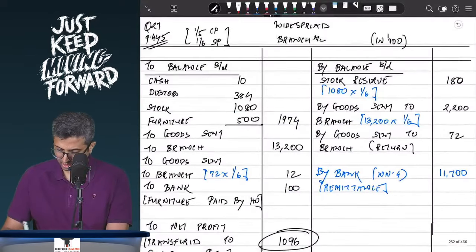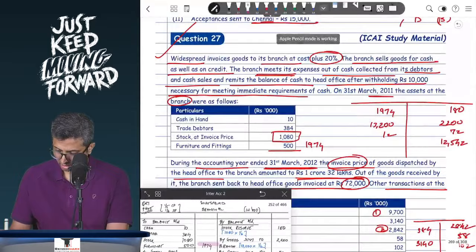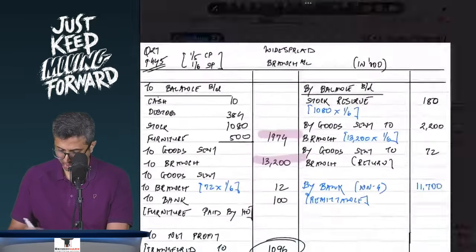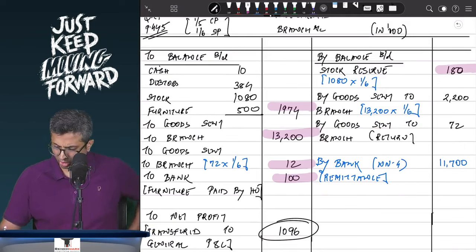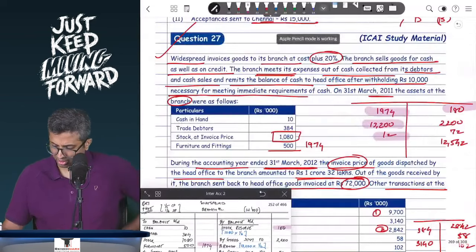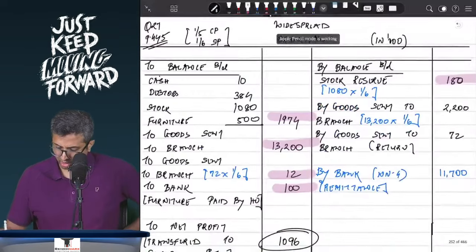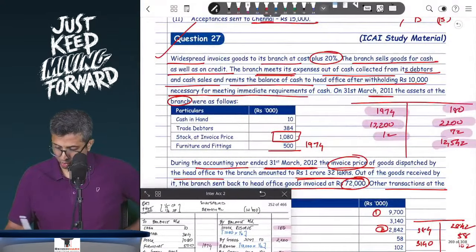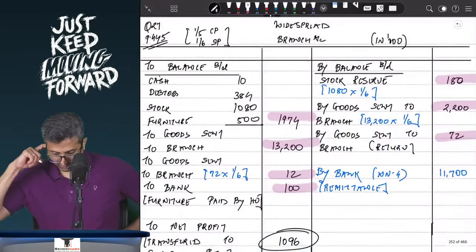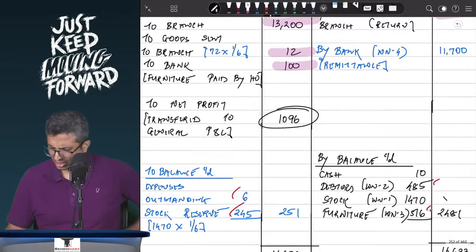1974 in the opening, 13200, and 12. Other than that, there are certain payments because of furniture which is recorded, 180 for the stock reserve, 2200 loading, 72 goods returned, and then 12,542 remittance is coming to 11,700.